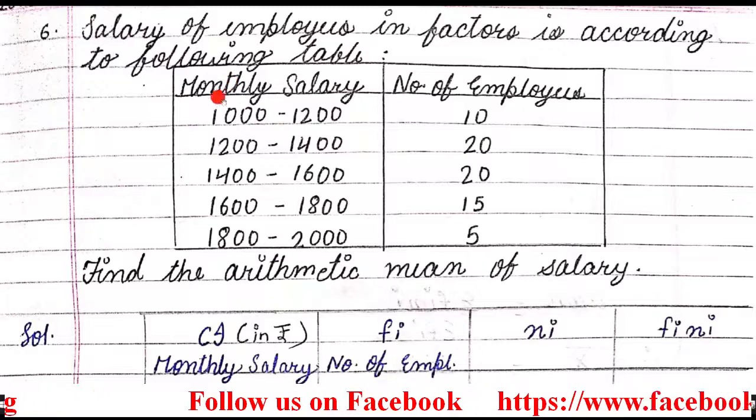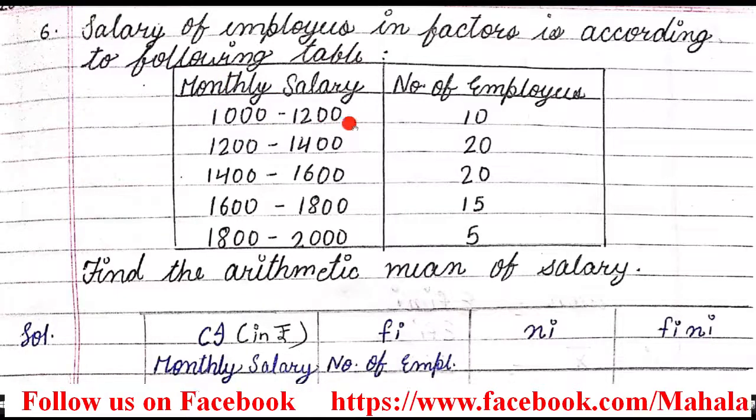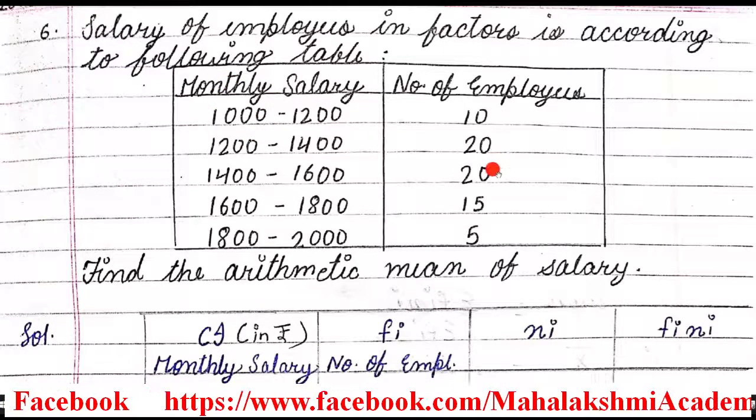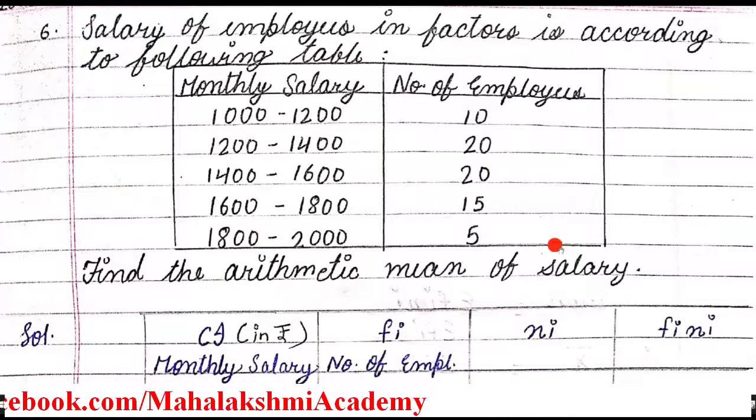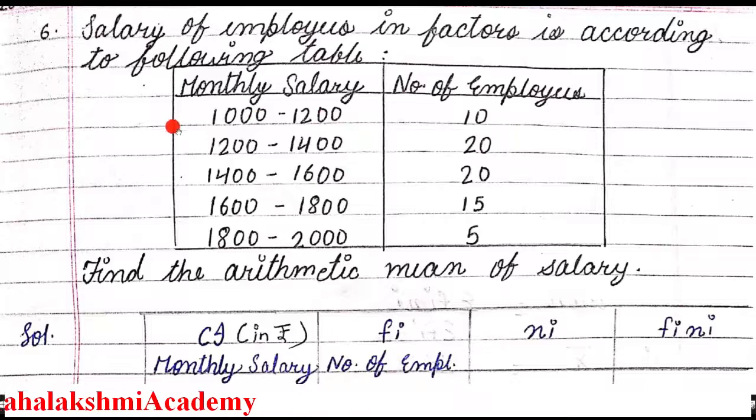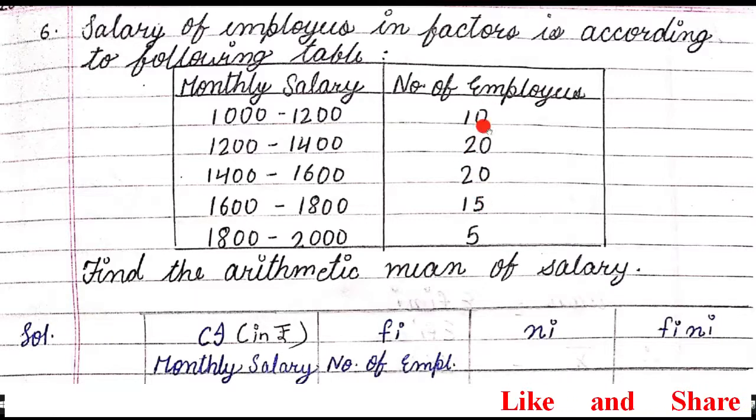So salaries are available to us. These are the monthly salaries and these are the employees, and we have to find the arithmetic mean of the salary. Here the salaries are given in groups, and these are the numbers of employees. So it is going to be the fi frequency column, and this is going to be the class interval.